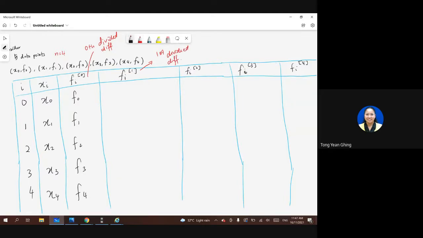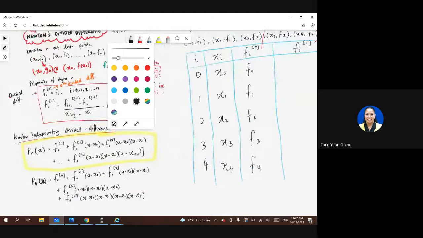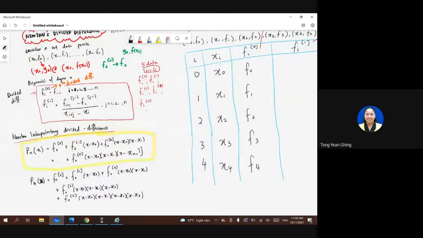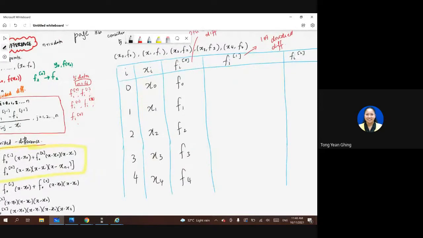So now, the first divided difference, if you look at the formula just now, we have to take f_{i+1} minus f_i, divided by x_{i+j} minus x_i. So we take two: one is f_{i+1}, the other is f_i. So here, let's say now i is 0.